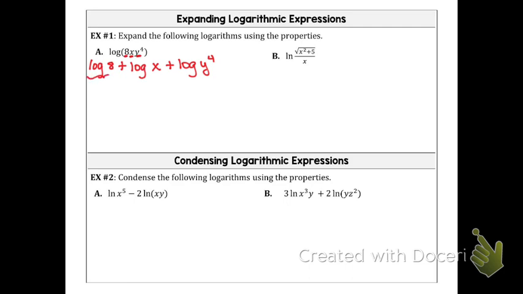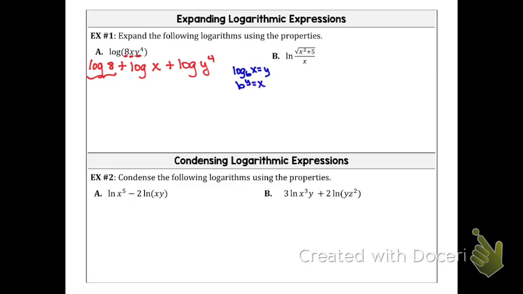Anytime you have log of a number, you need to check and see, can you simplify that? So using that, remember we knew that if we had log base b of x equals y, then we could rewrite it as b to the y equals x.